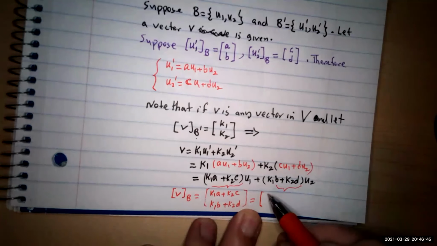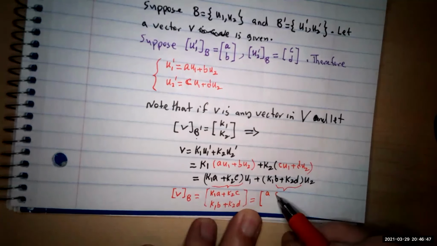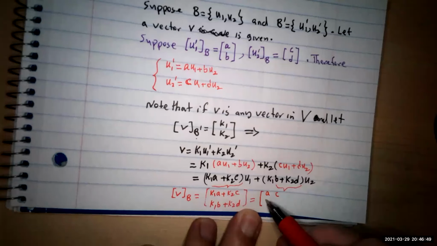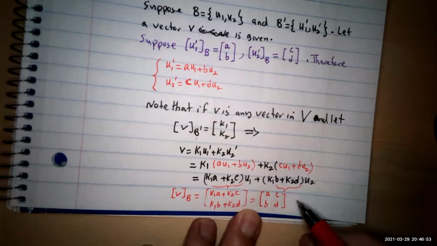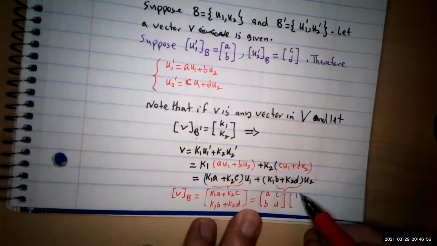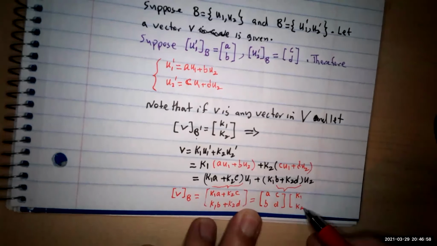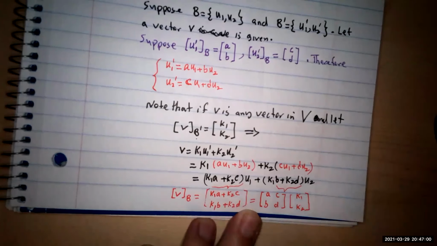If you multiply these vectors together, a, c, b, d, it's going to be times k1, k2. If you multiply them together, that gives you that result. But what is this one? Look at this one.